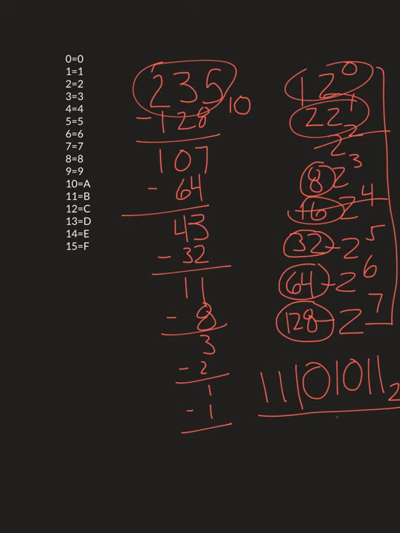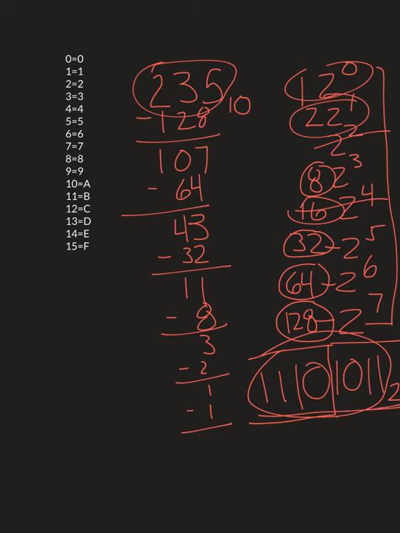But what if we wanted to look at this number, 235, not in binary, but shrunk down to hexadecimal? Here's what we would do. If we take it down to binary first, we can look at 4 chunks at a time.